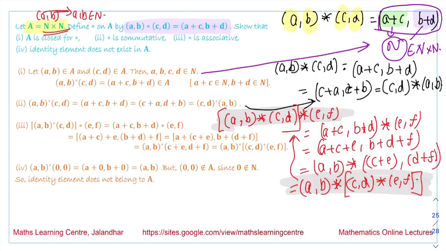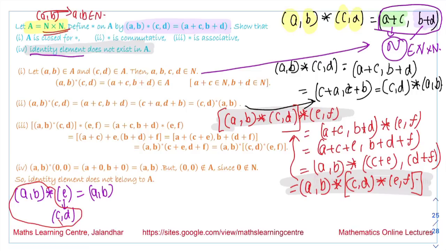Next we have to prove that the identity element does not exist in A. So suppose there is an element which is the identity element in A. So we will have A comma B star some element E, and this E will be of some form C comma D, such that the answer is A comma B. Now look at this term. We require this C and D to be natural numbers.